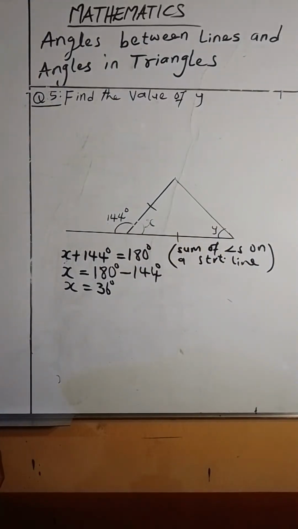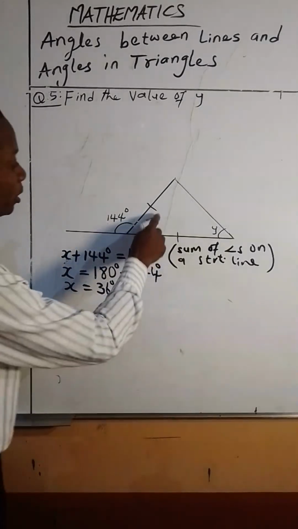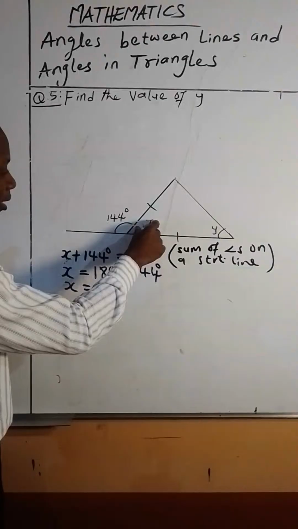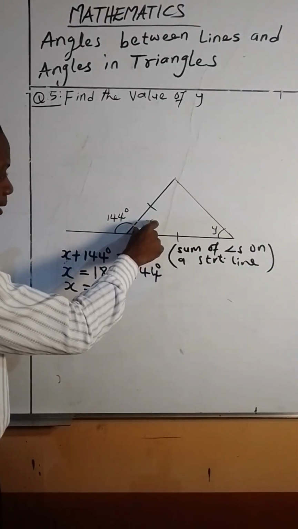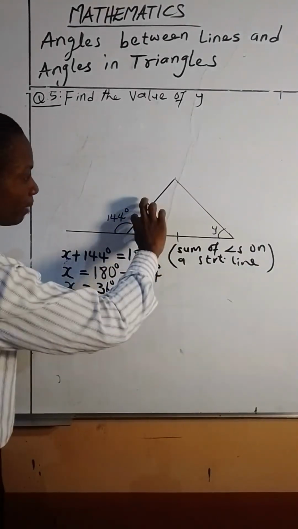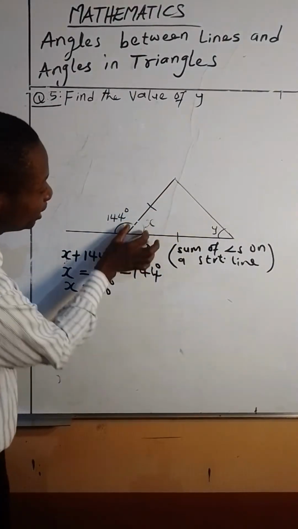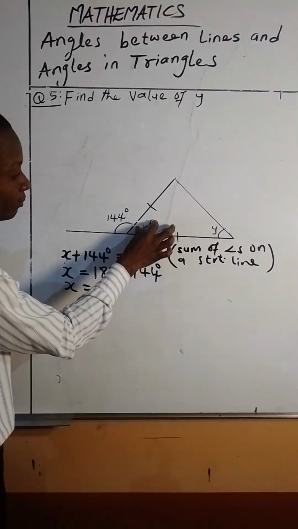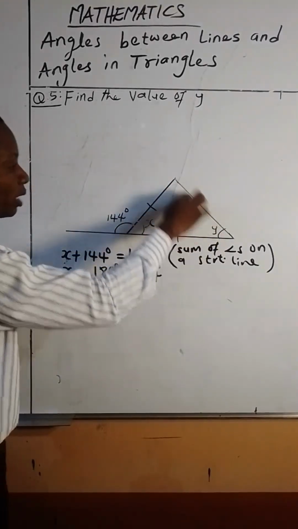Then the next thing is to look for the two angles that are equal. This angle here is the apex angle, all right? So since this is the apex angle, if we subtract this from 180, whatever we get here will now be divided by 2.